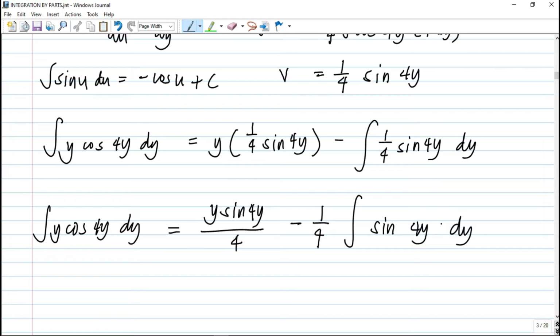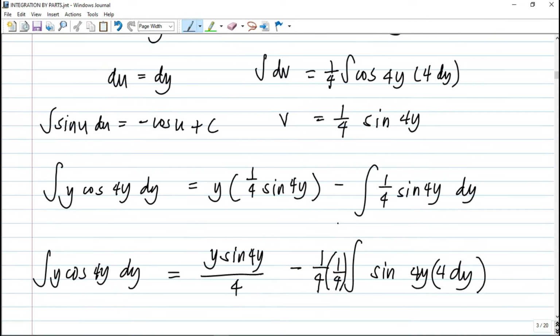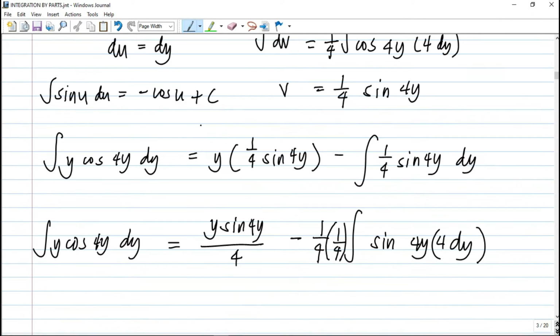So we multiply by 4 here to use the formula. Since we multiplied by 4, we need to balance that out outside of the integral sign, so this is 1/4 here. Then you can use the formula for negative cosine u.